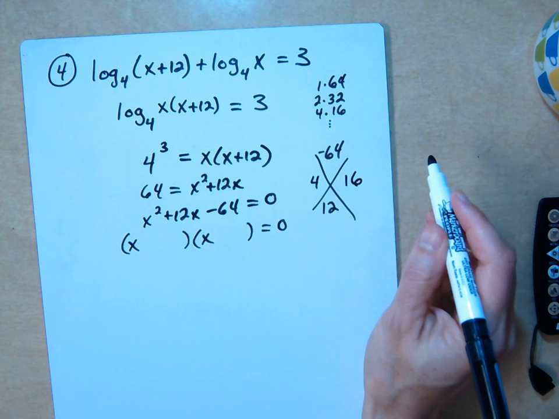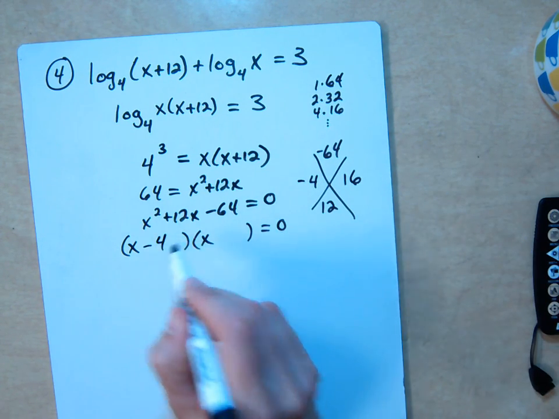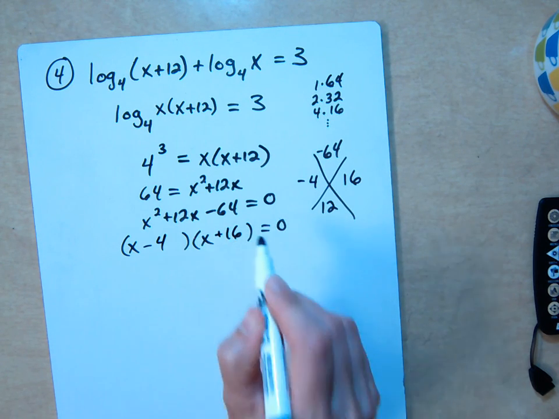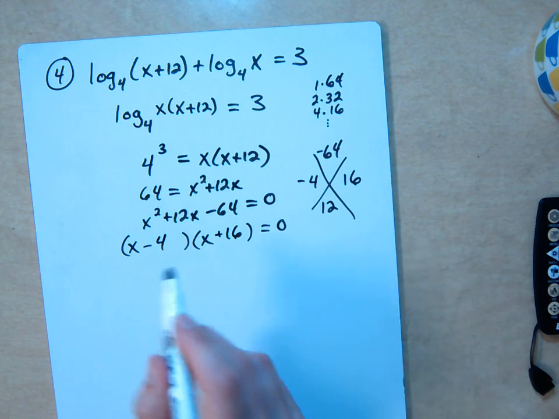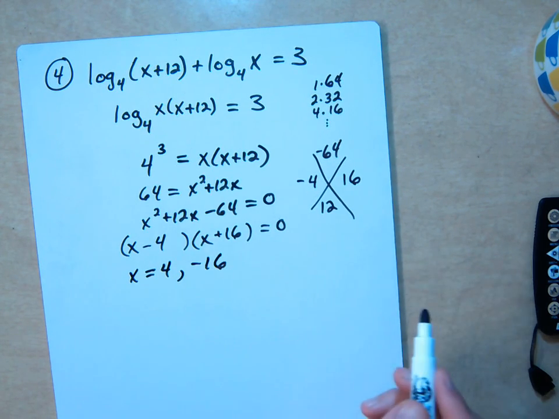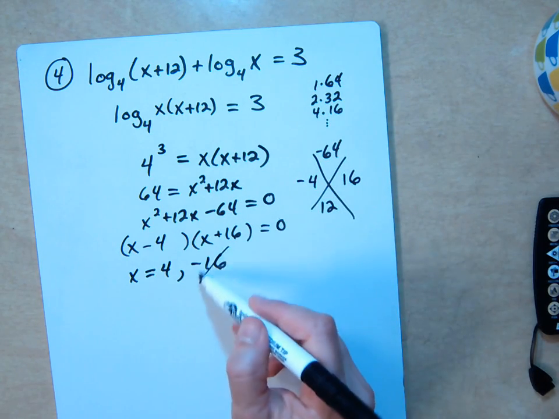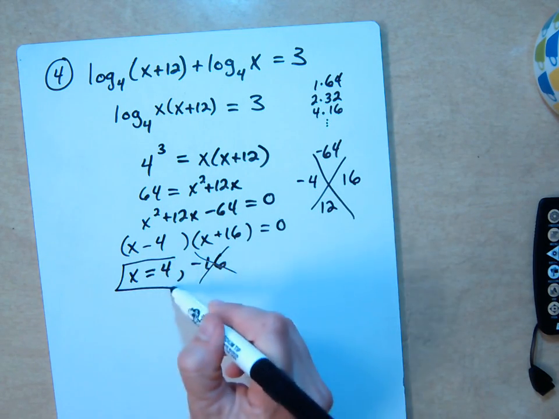And then what sign? Negative 4. Okay. x minus 4, x plus 16. Going into the final exam, factoring is very important. So x equals 4 or negative 16. And does the negative 16 work? No, it does not. So there we go.